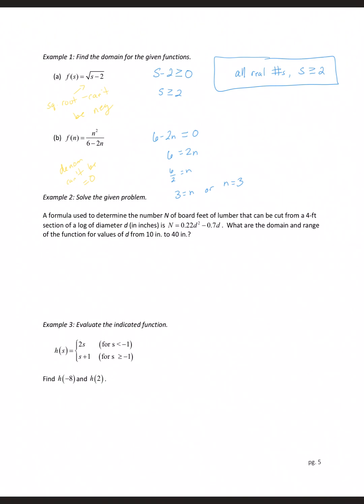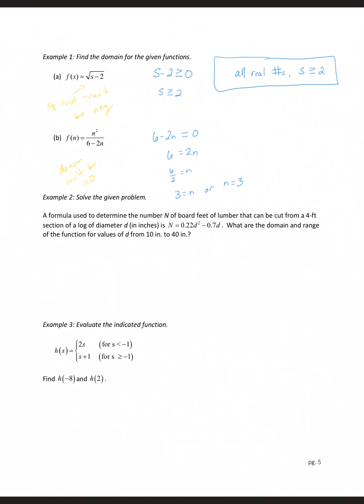We say all real numbers because they could be rational, they could be irrational, we could have whole numbers or integers, we could have decimals, fractions, any of them, as long as that value of s is greater than or equal to 2, those values would be in the domain of this function. Because if we use a value smaller than 2, this function would not be a real number, so that would not be on the graph.